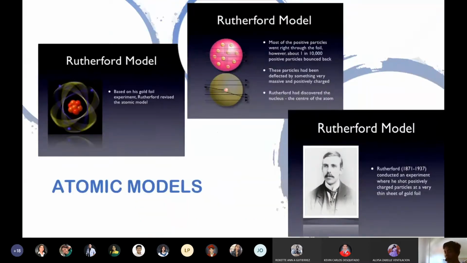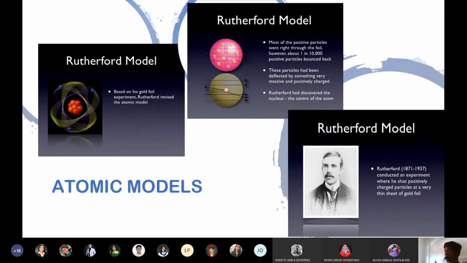Rutherford naman also focused on the model itself. So according to Rutherford, instead of being a big positive charge particle, ang atom daw ay may tiny concentrated positive part sa nucleus, and then the electrons are just around it, revolving around it.